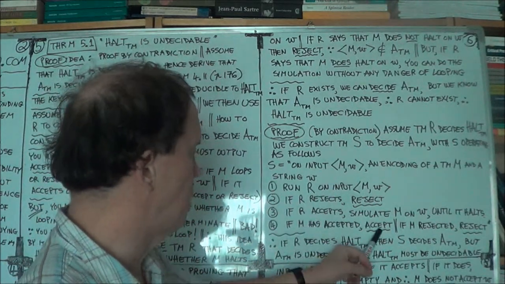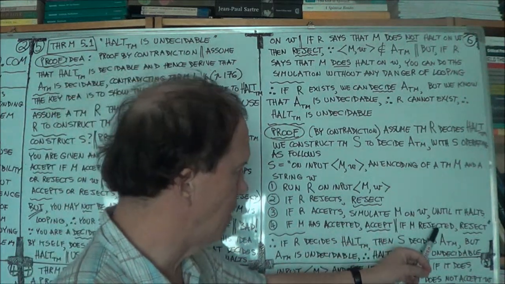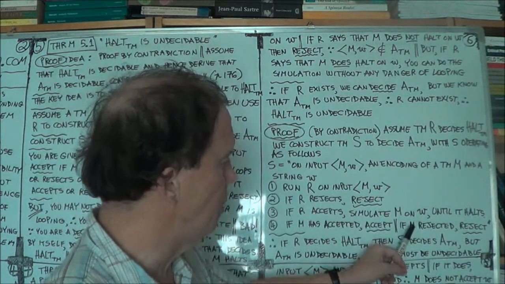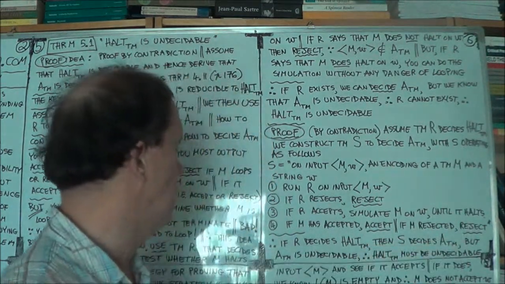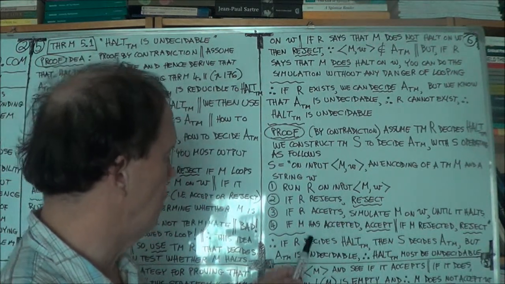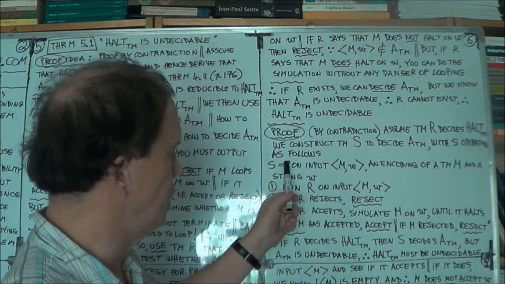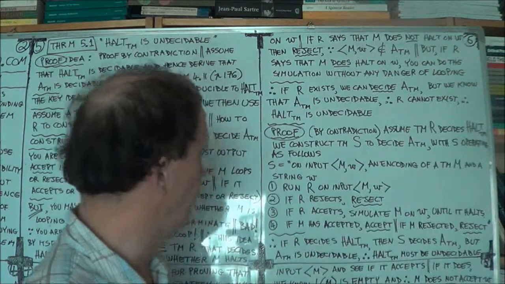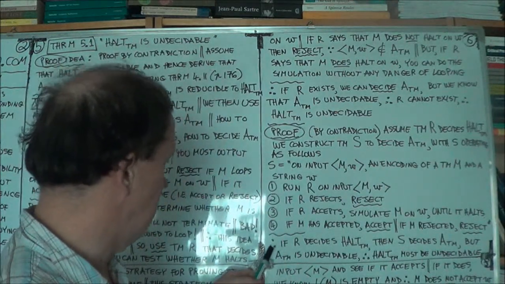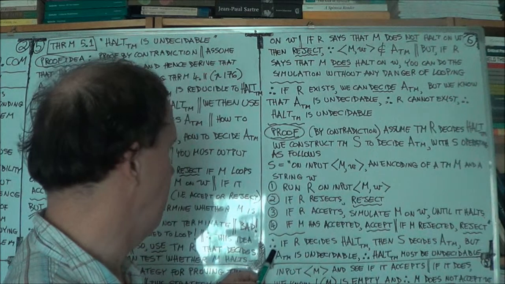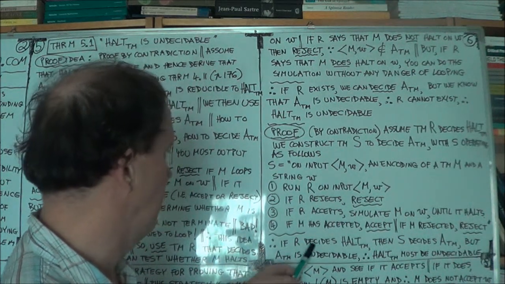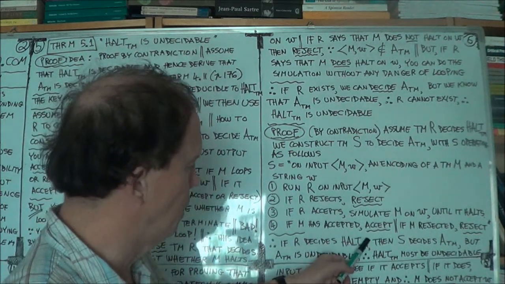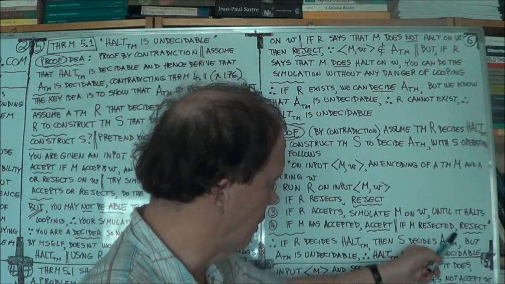So you just continue simulating the behavior of your machine M on the string W until it halts, and you know it'll halt because R told you whether it halts or not. So if M accepts, you have S accept, and if M rejected the string by simulation, then have S reject. So that means that your S now is behaving as a decider of this language. So if R decides this language, then S decides that language.